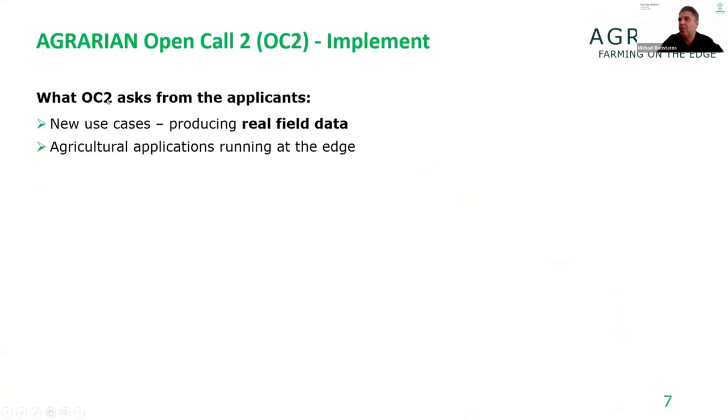This open call 2 asks for new use cases and it is focusing on real field data. So we need use cases producing real field data. Also, we need some new agricultural applications to be developed and run at the edge of the network, actually on our testbeds.